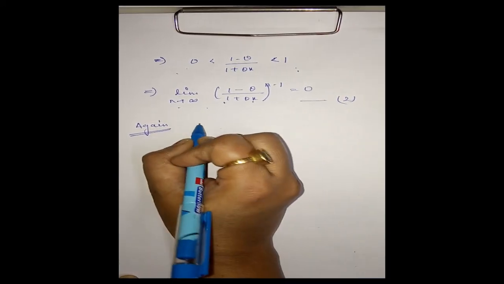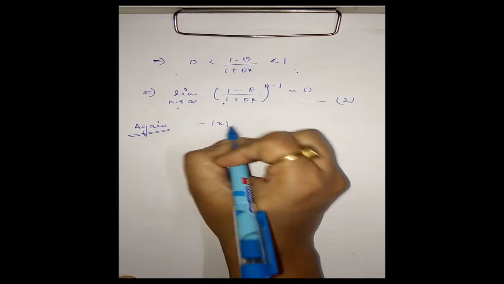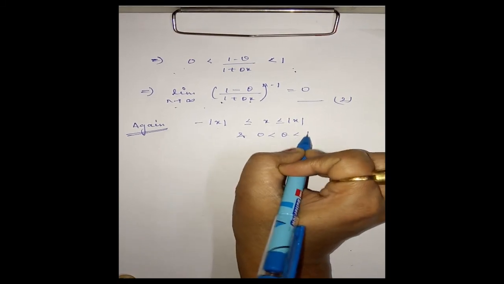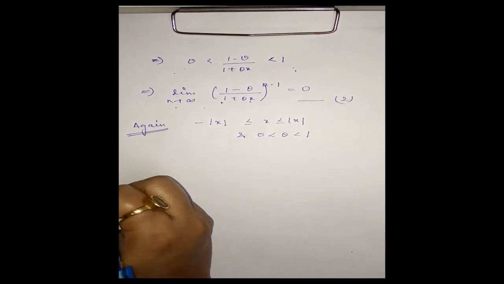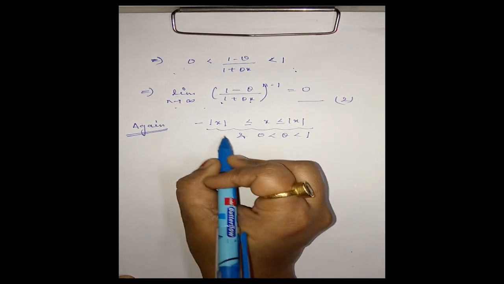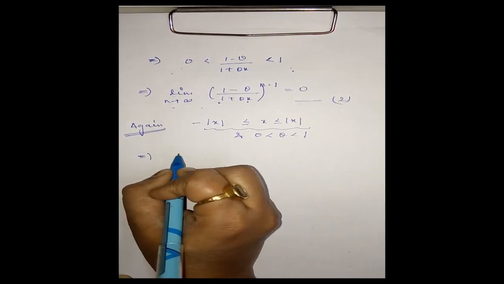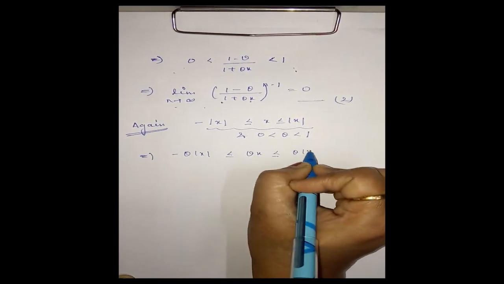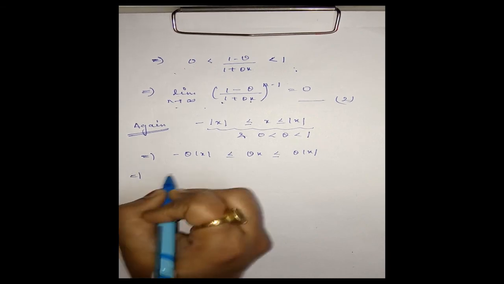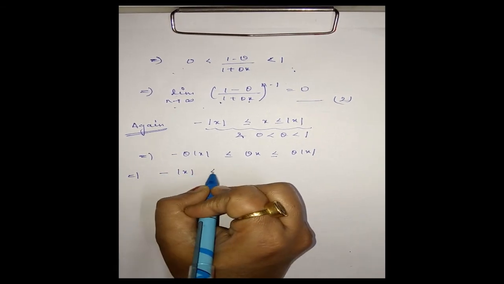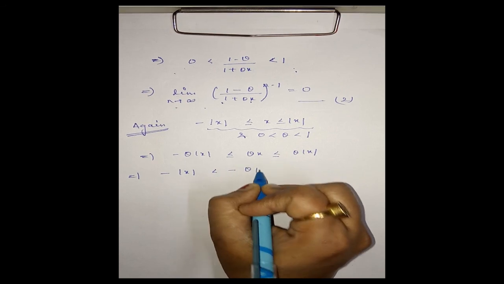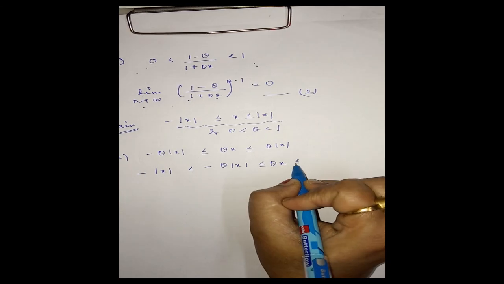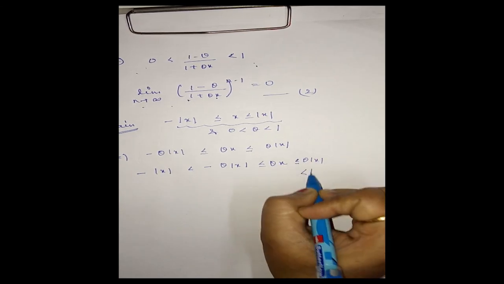Okay, now we have this, and theta lies between 0 and 1. Okay, now in this multiply theta here. We have this, clear? That means we have this, which is less than mod x.